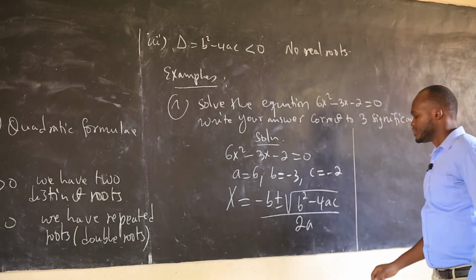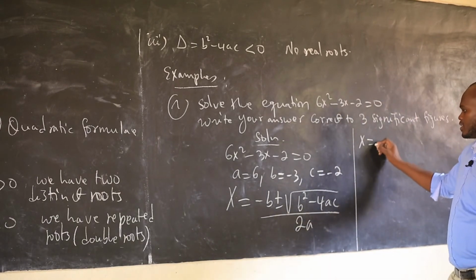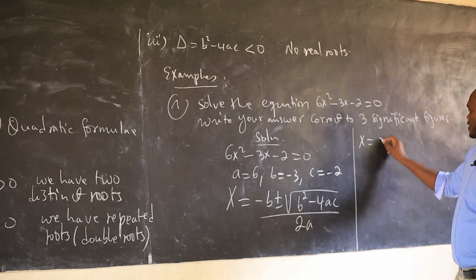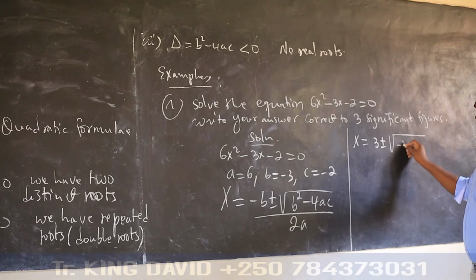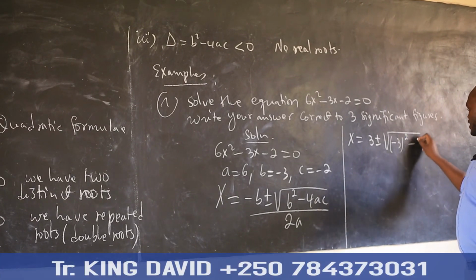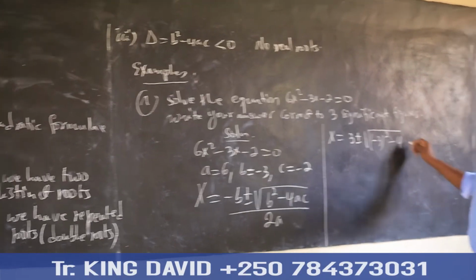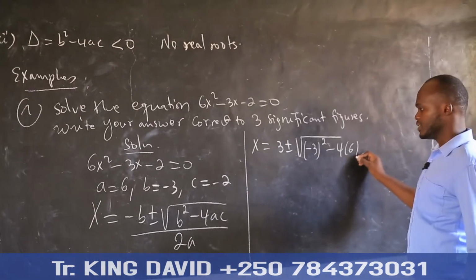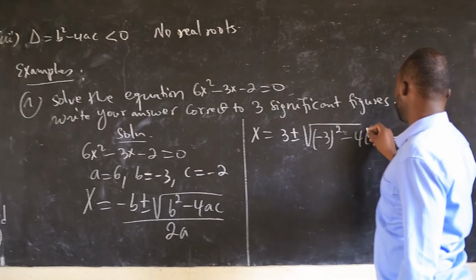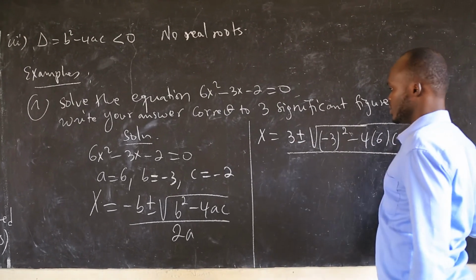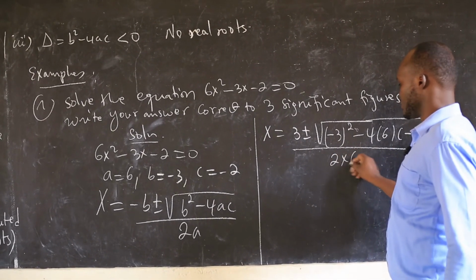So x is 3 plus or minus the square root of negative 3 squared minus 4 times 6 times negative 2, divided by 2 times 6.